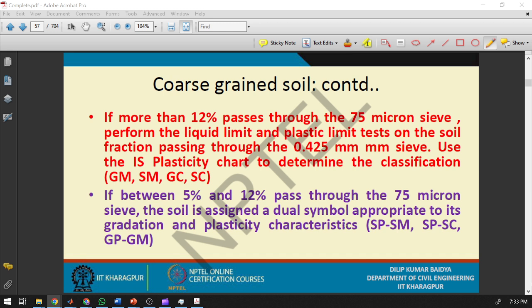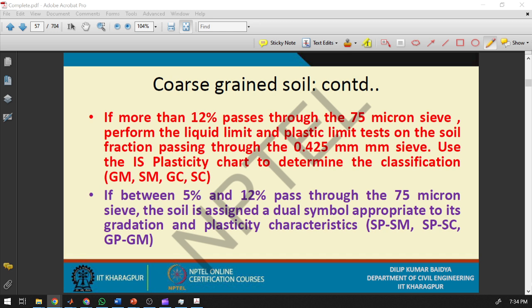If it was greater than 12%, it mattered whether it is a silt or clay, because it was in a greater content. So you were basically saying silty sand, meaning the silt will have a good influence on the material's properties.